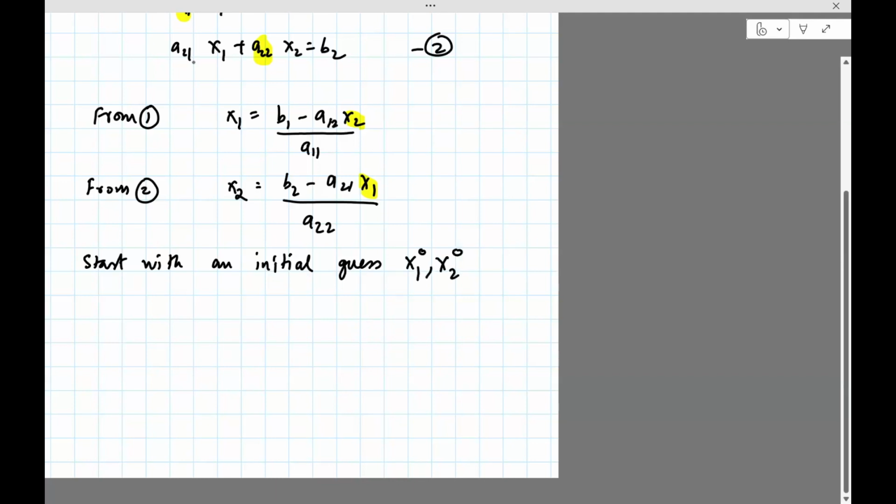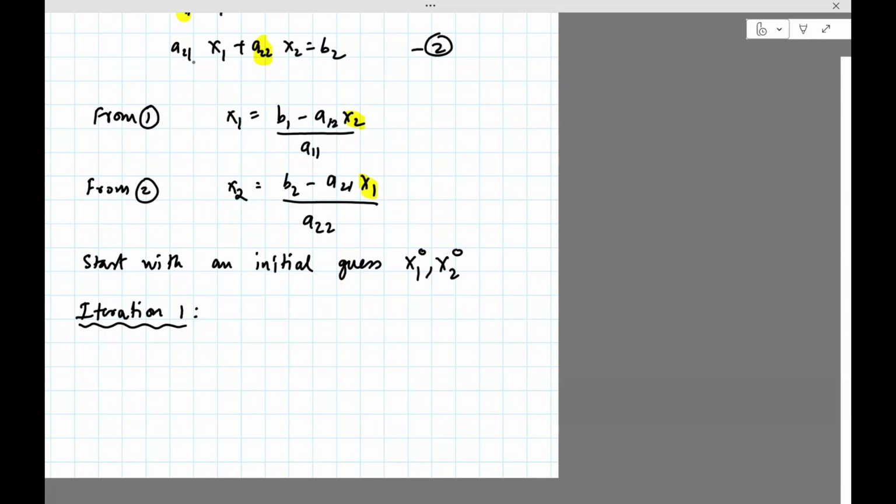Let's say the guess is x1, x2, and the 0 superscript means that's for iteration 0. So then for iteration 1, we are now trying to improve on the value from the guess. So how about we use these guessed values to improve x1, x2.